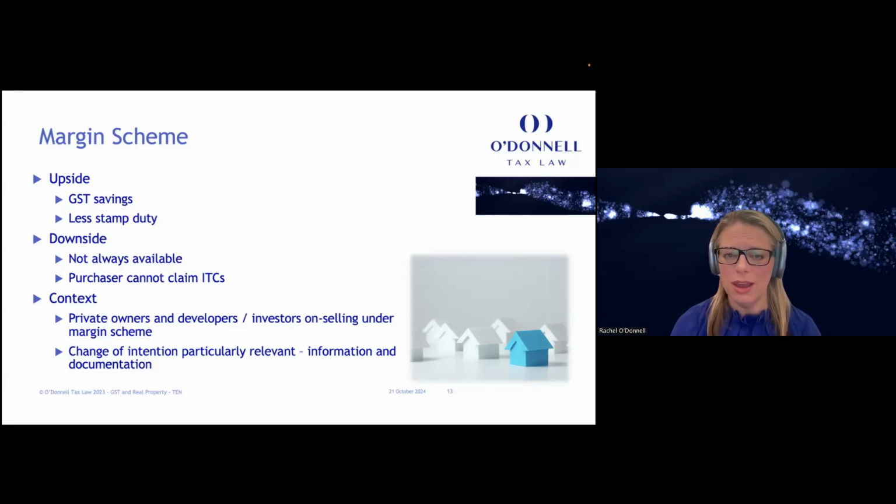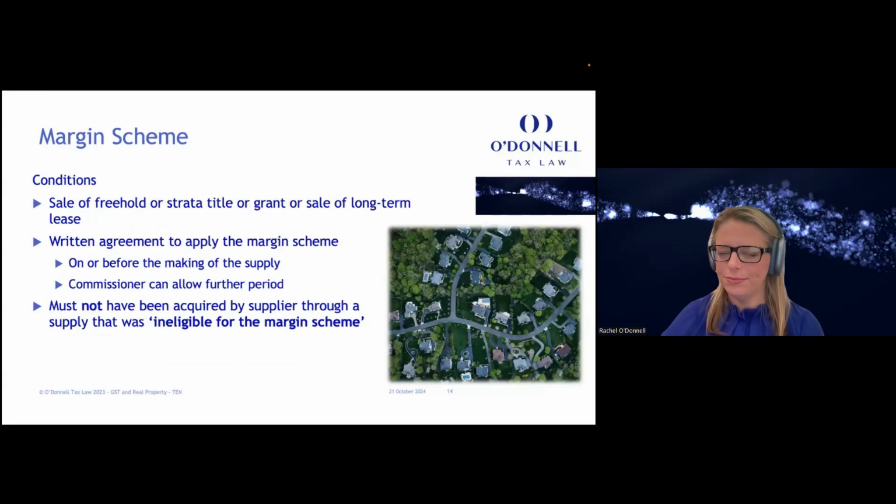I've seen circumstances where clients wanted to apply the margin scheme on sale, but they weren't quite sure what happened when they purchased the property. Some of the details weren't kept, some of the information wasn't there, and sometimes it becomes more effort than it's worth. So keep detailed records and make it easier for yourself later on.